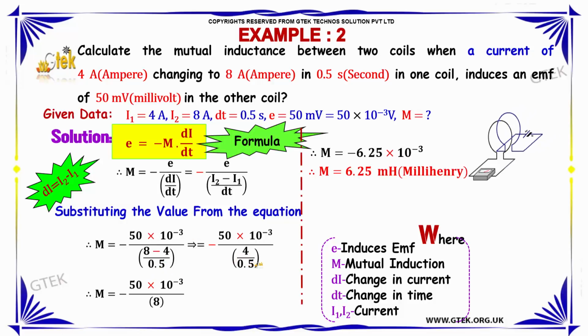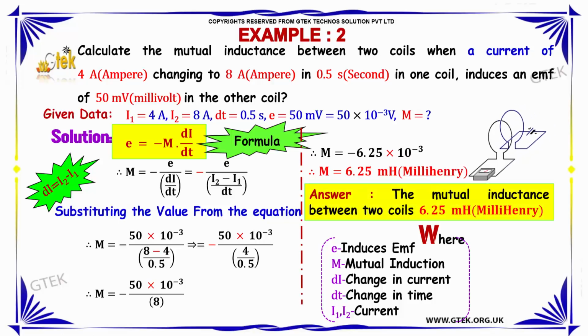You get 4 divided by 0.5, that's 8, so 50 into 10 power minus 3 divided by 8, which is nothing but M is equal to 6.25 into 10 power minus 3, that's M is equal to 6.25 millihenry. So the mutual inductance between two coils is 6.25 millihenry.